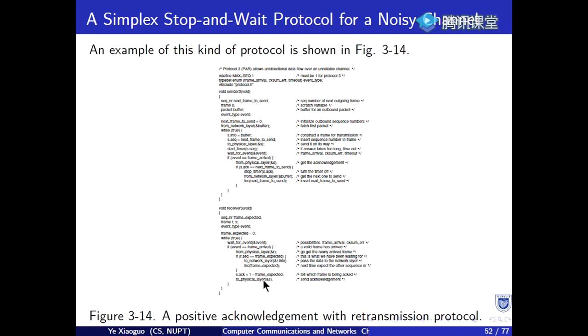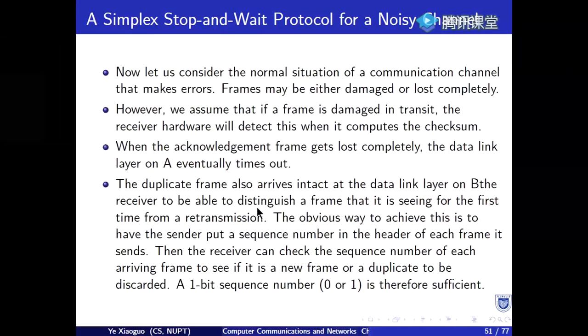If the frame expected is 1, then the ACK is 0. Then transmit the frame to the physical channel. That is what the stop and wait protocol for a noisy channel does.